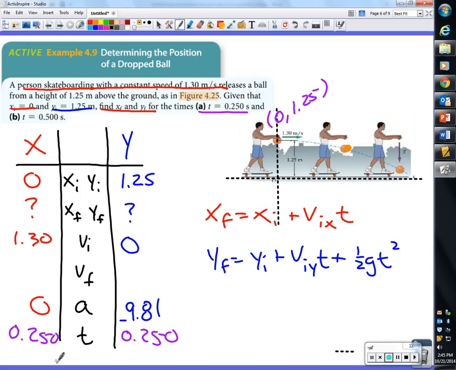Keep in mind that some of these things go away depending on the specific values in this problem, like this is going to go away, and this is going to go away. So go ahead, plug in the numbers there. Let's solve for what it asked us to solve for.